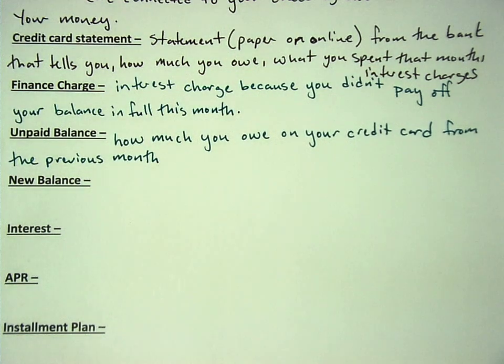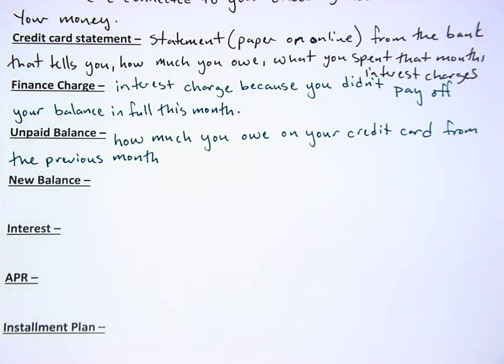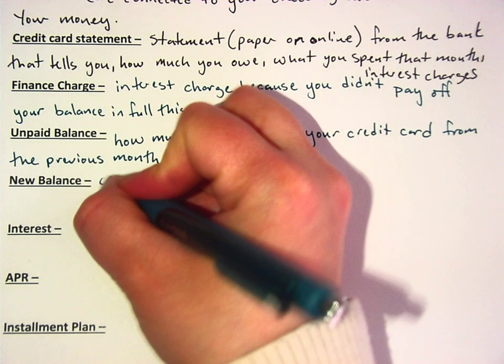And what do you think a new balance would be for your credit card? If an unpaid balance is how much you owe on your credit card from the previous month, what's the new balance? Current month's balance.